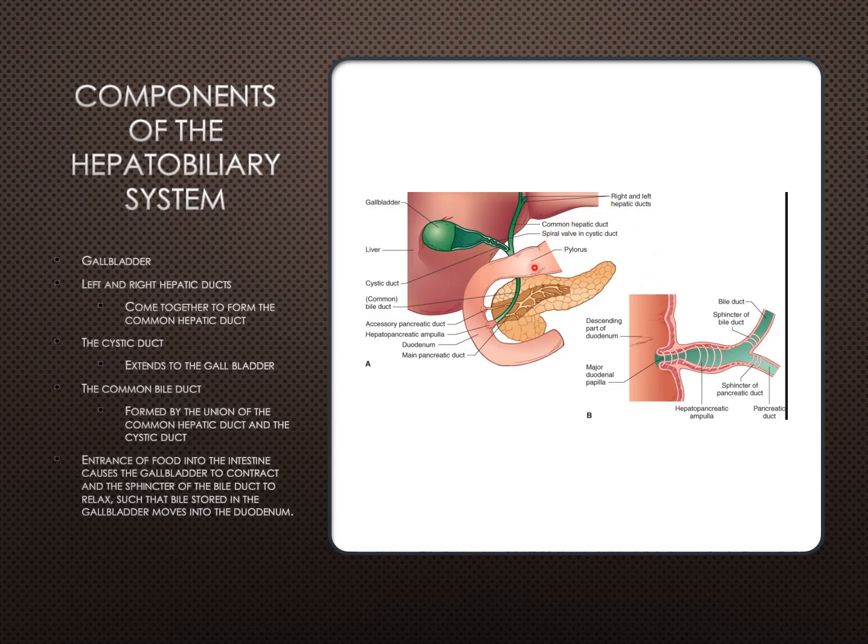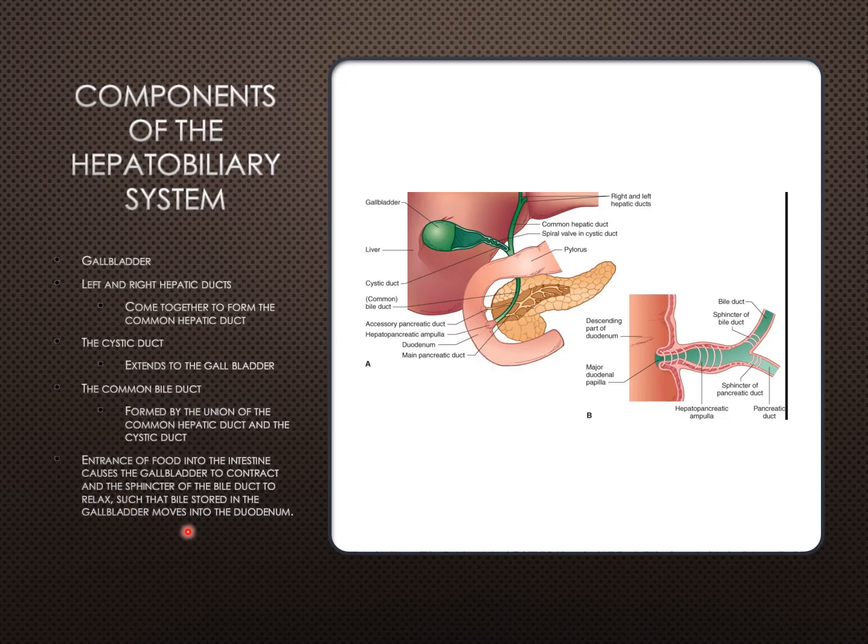The pyloric sphincter empties your stomach contents into the duodenum, and then usually stimulated by eating food, once that starts to enter the duodenum, then the gallbladder contracts to send stored bile through the cystic duct into the common bile duct, where it's emptied out into the duodenum to carry out its functions related to fat emulsification in response to food.